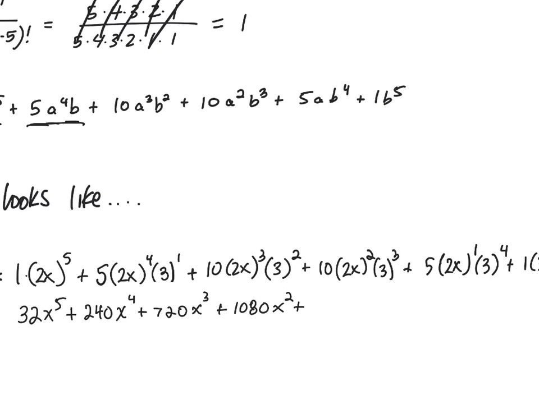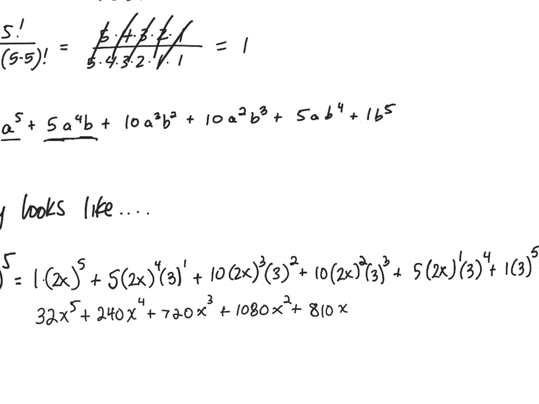Now moving over here, we have 2x raised to the 1st power, which is 2x. And then 2 times 5 is 10. 3 to the 4th power is 81. 81 times 10 is 810. And the variable is going to be x.